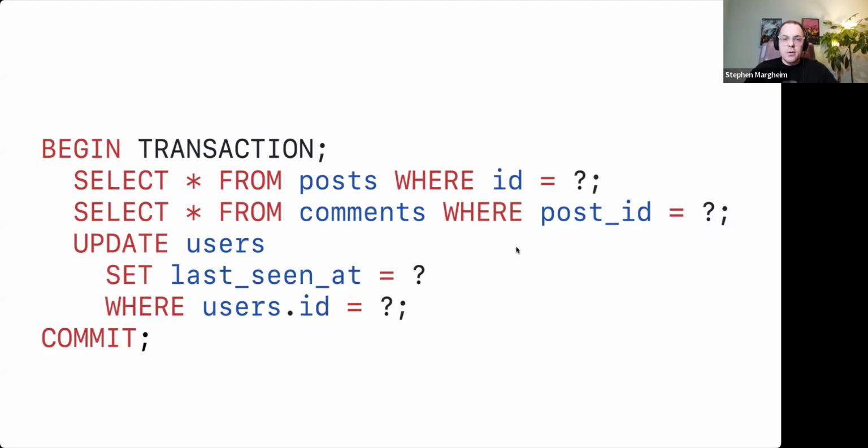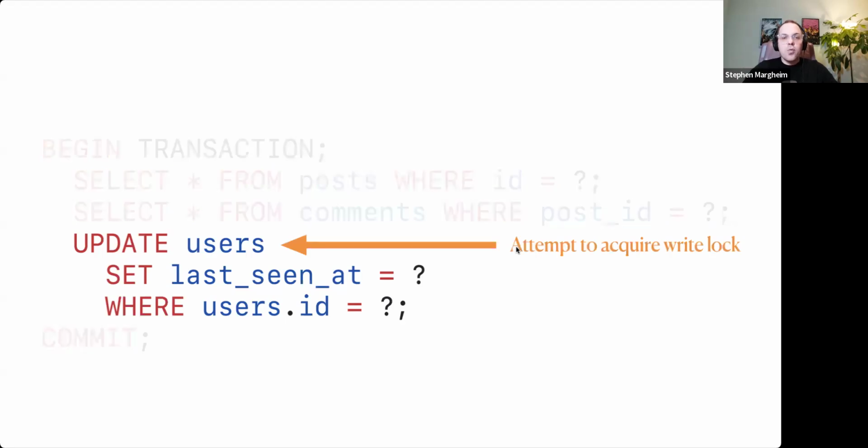And the default behavior, so if you just say begin transaction, is that a write lock will be acquired, or more specifically, attempted to be acquired, whenever the first write operation inside of that transaction is encountered. So if you were to do only reads, right, begin transaction, select, select, select, it would never try to acquire the write lock, and it would be able to concurrently do all of that work inside of that transaction alongside other connections doing other reads, perhaps inside of transactions.